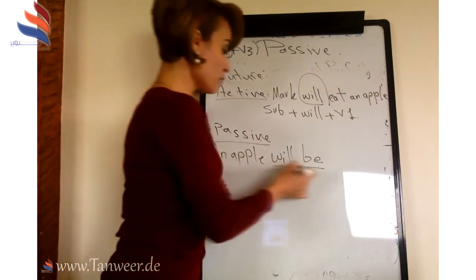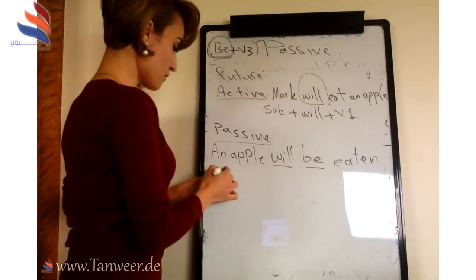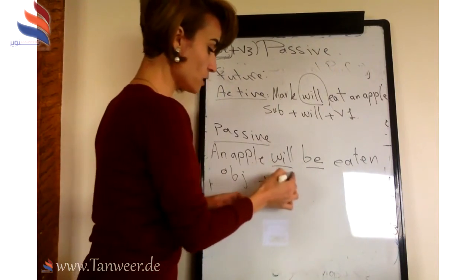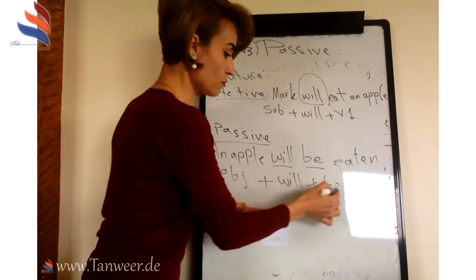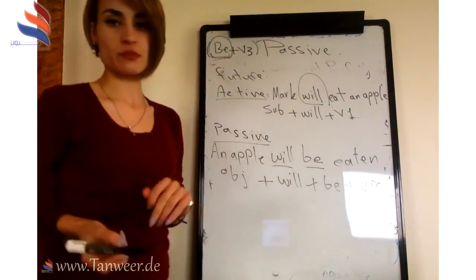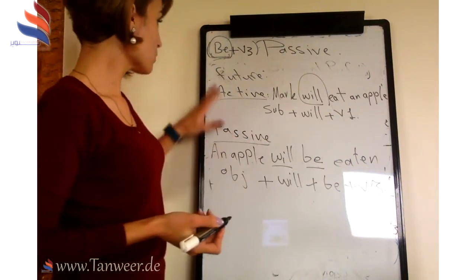An apple will be eaten. So here we have object, we have will, we have be, plus verb 3 or past participle. Okay? So here we talked about future.